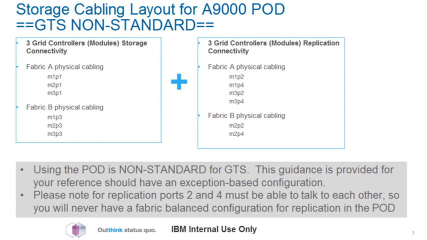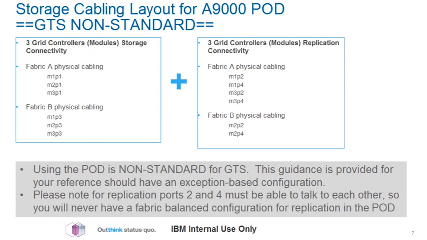Note here that the replication connectivity on the B fabric is not balanced. That's because of our rule way back on one of the earlier slides that said even and odd go to certain fabrics.